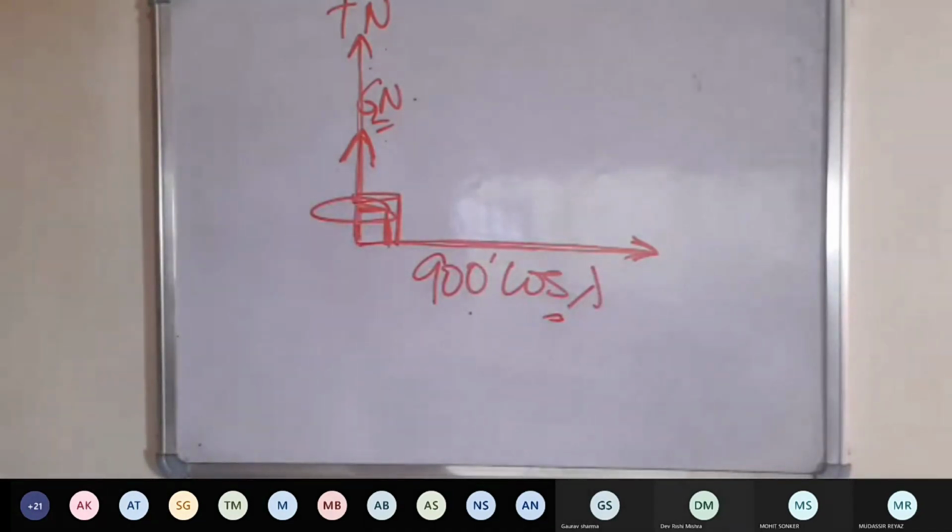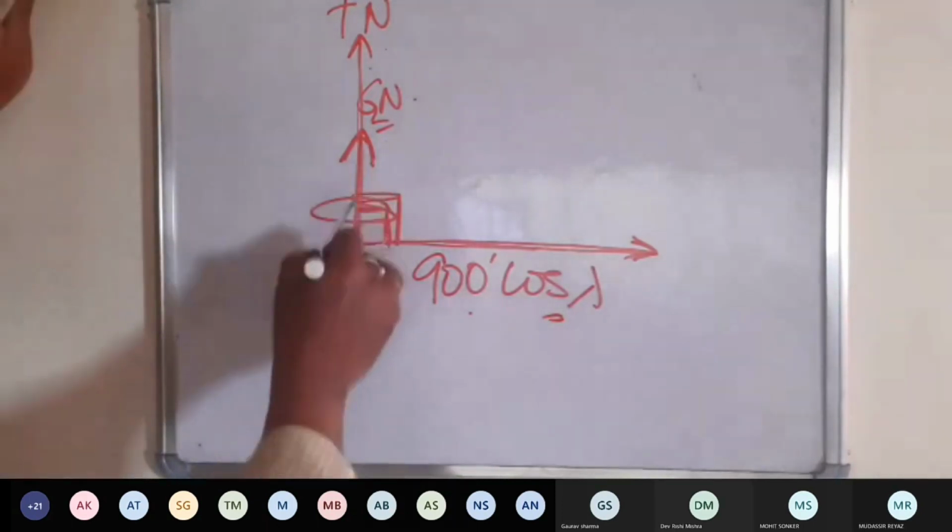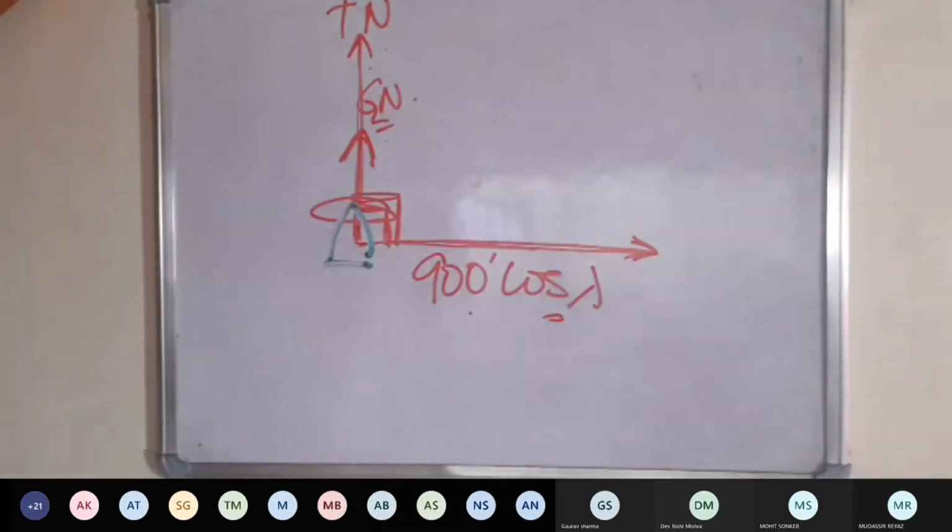Yes, sir. Now suppose the ship starts moving. She was here to begin with, and she starts doing a 000 degree course. That means a northerly course.